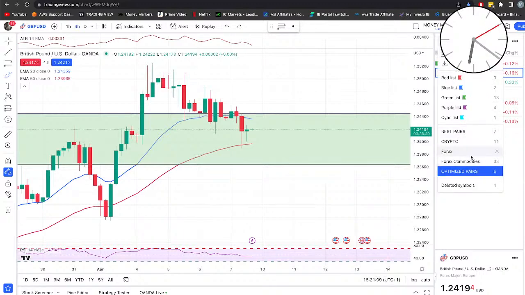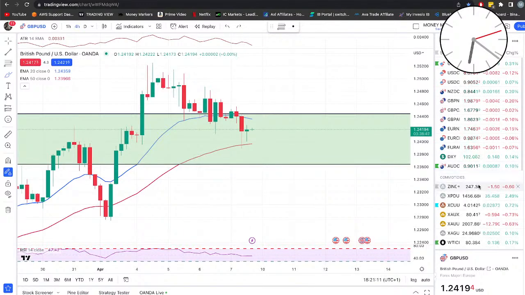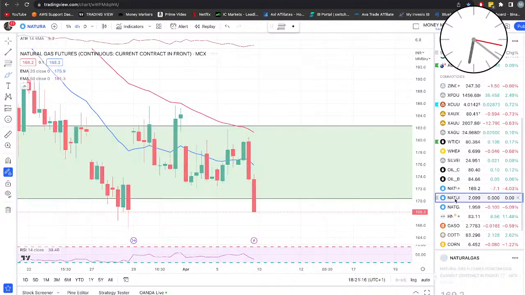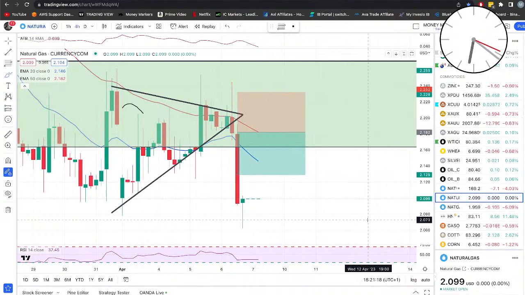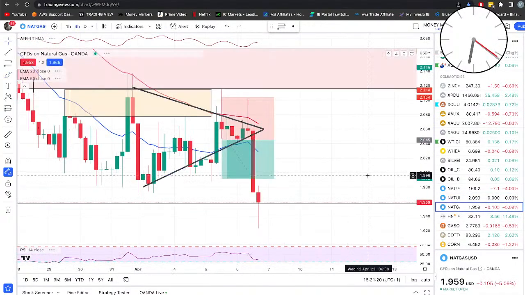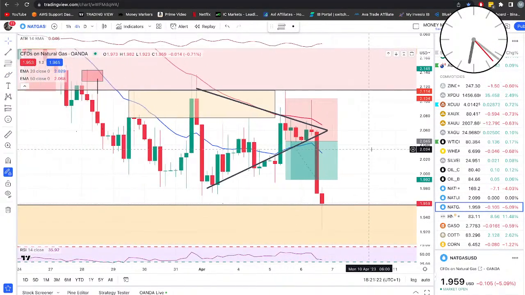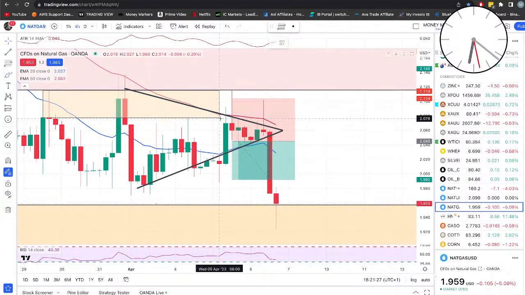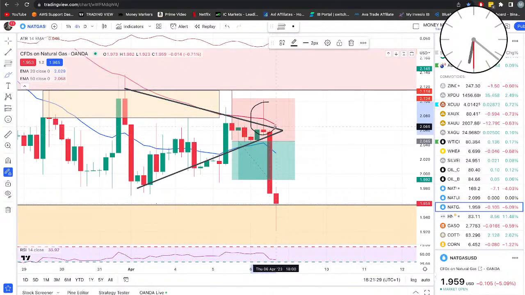So for the targets calculation, let me show you an example here on the nat gas. If you are managing your trade, the way you can do it, let's say we have an entry candle. We had this entry candle right here.